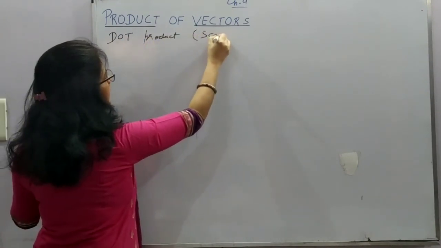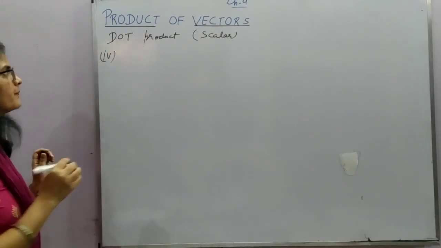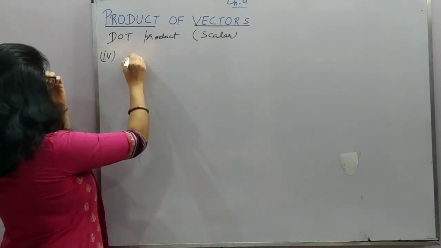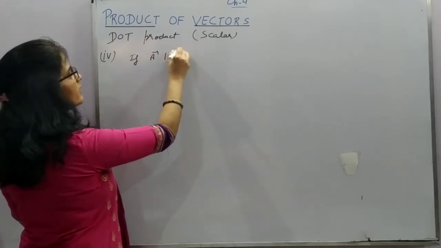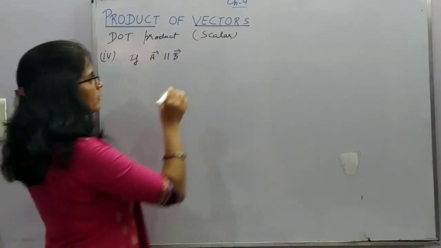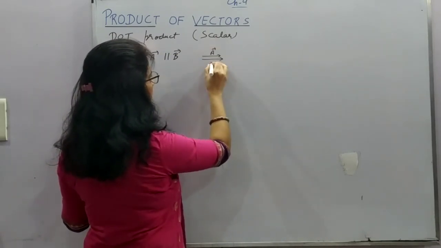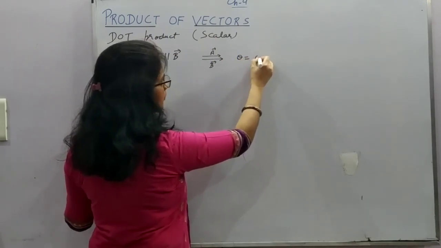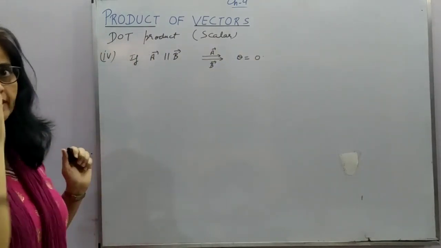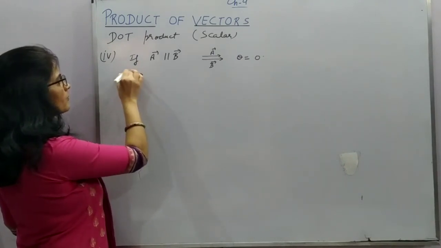Right? So the fourth property is if A vector is parallel to B vector. What does that mean? That means this direction, right? So if this is your A vector and this is your B vector, that means theta between the two is 0 degree. So how can you write the formula now?